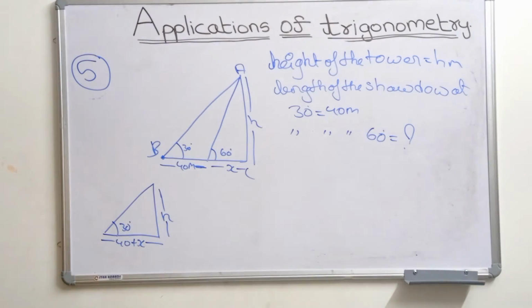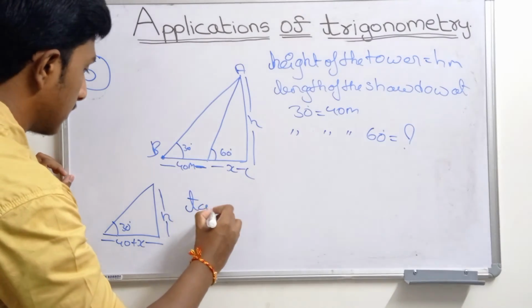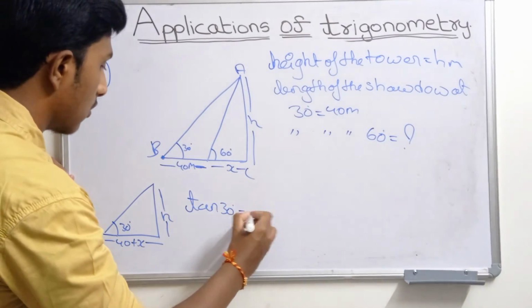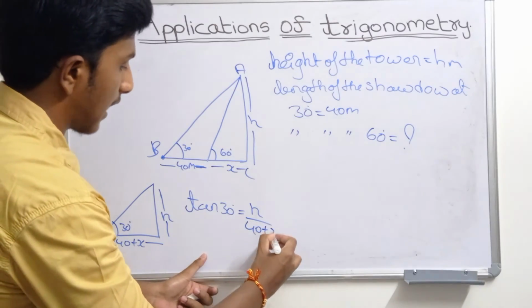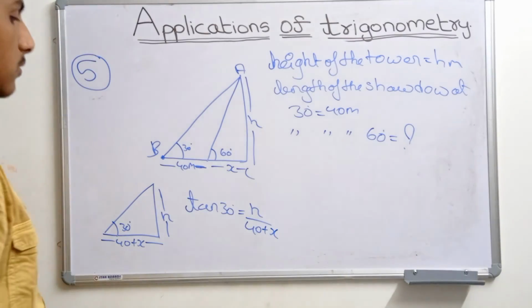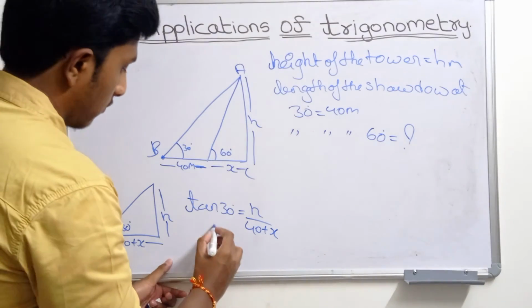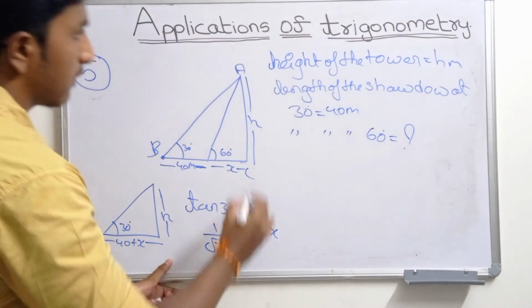So I am taking first this triangle, then tan 30 degrees is equal to opposite by adjacent. Adjacent means 40 plus x. Tan 30 is equal to 1 by root 3. This is the given data, guys.